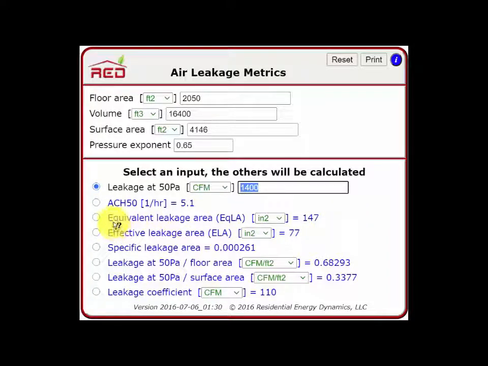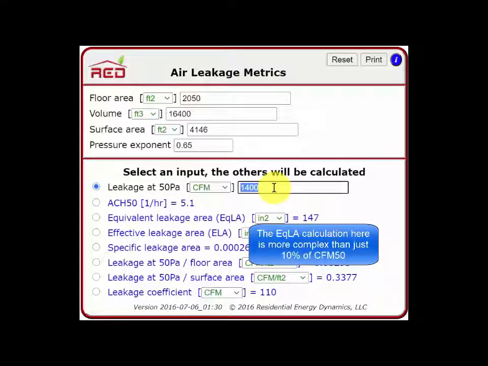What that actually is the equivalent leakage area, or the EQLA. Notice here that that is 147 square inches. That's not quite 10% of a CFM50 of 1400, but it's very close. It's actually more accurate than dividing by 10, but that's where that comes from.